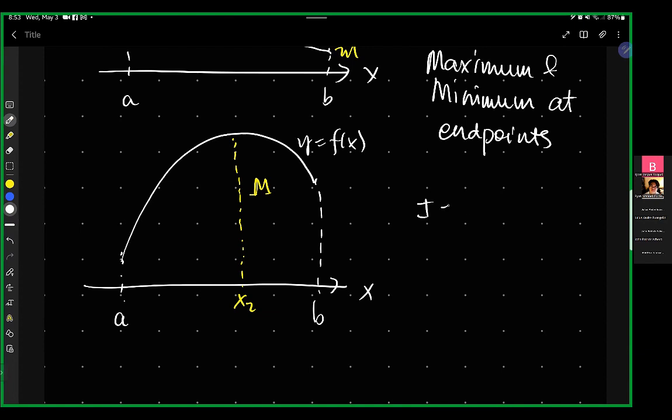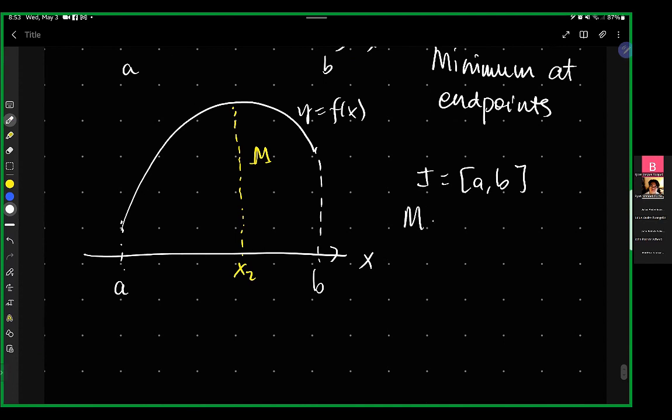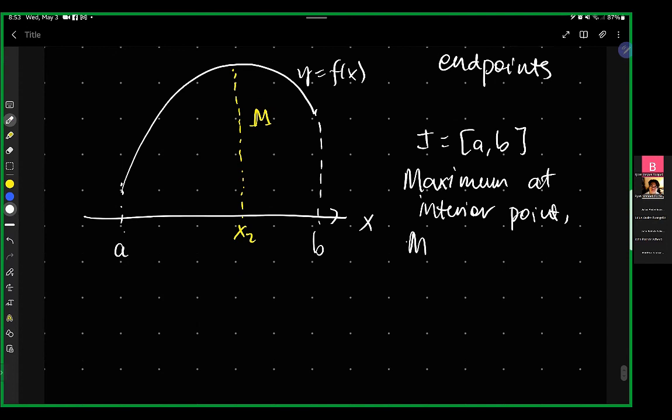So for a given interval A and B, the maximum at interior point and minimum at endpoint. So ganito natin dinidescribe yung mga functions when we're talking about maximum and minimum.